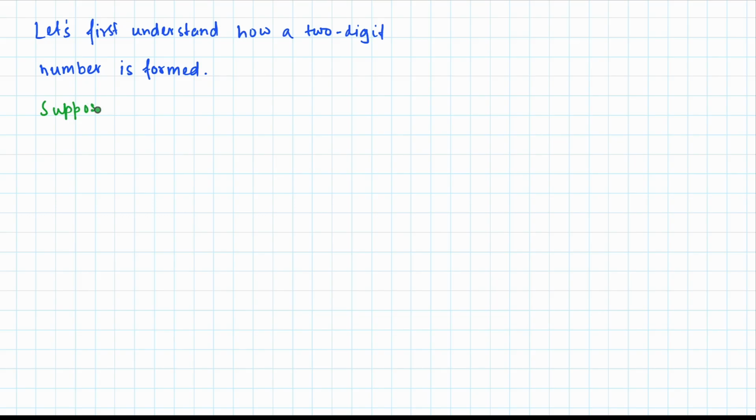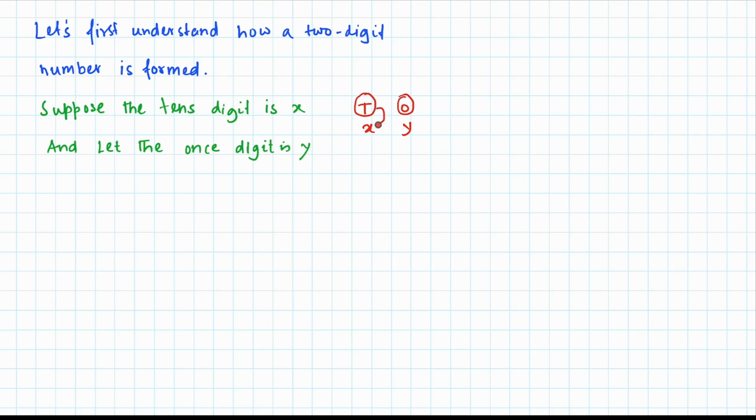For that, suppose the tens digit is x and let the ones digit is y. So now we are assigning a variable to the digit in the tens place and to the digit in the ones place. This is the tens place and this is the ones place, and we are representing them with the variables x and y as shown.